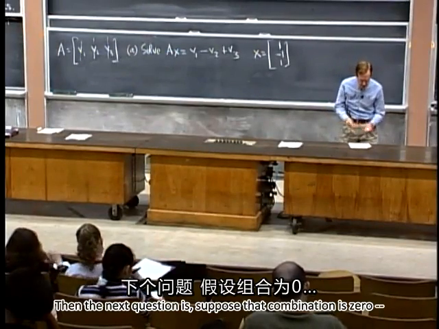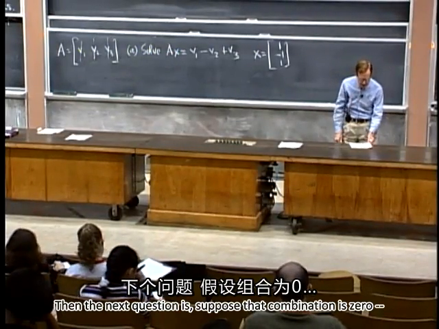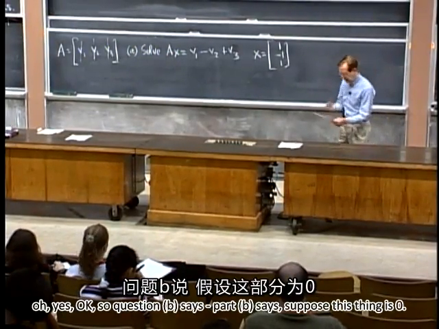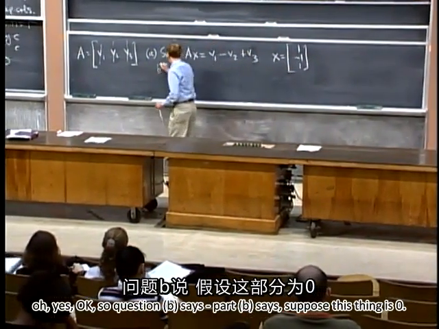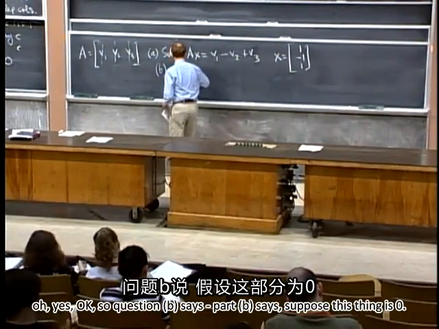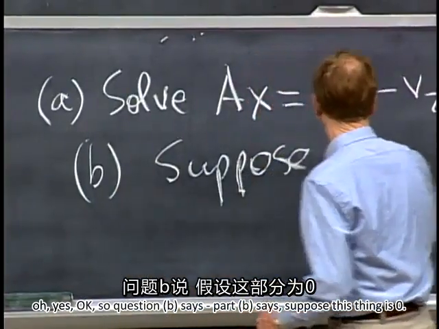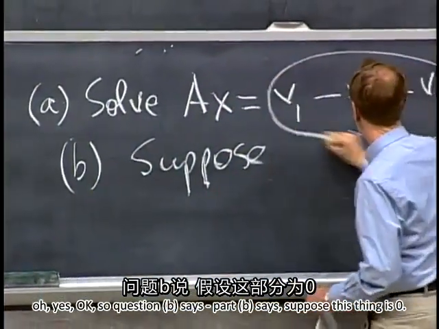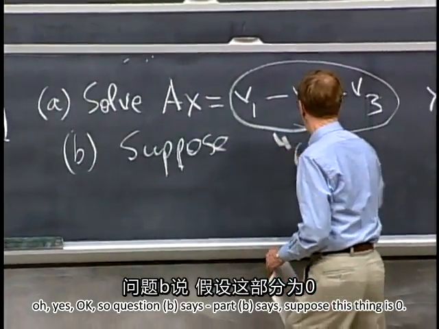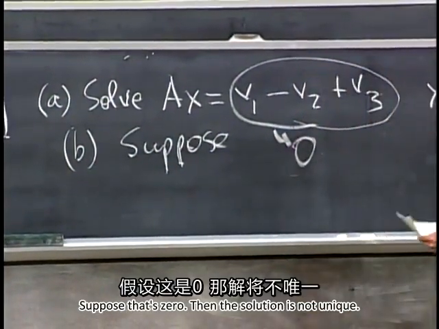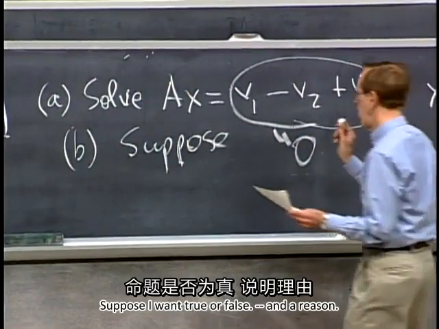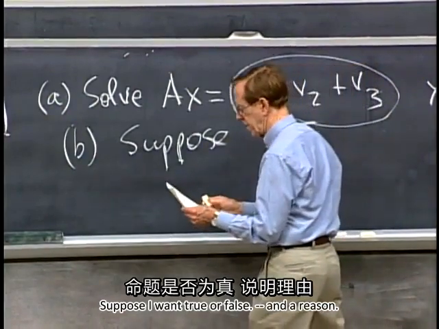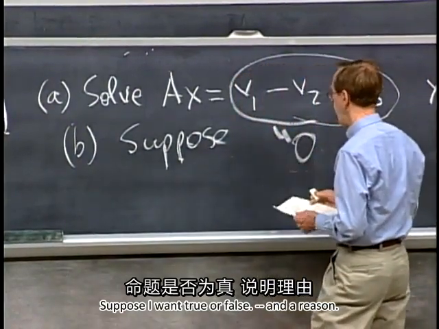Then the next question is, suppose that combination is 0. Oh, yeah. Okay, part B says, suppose this thing is 0. Then the solution is not unique. So I want true or false, and a reason.